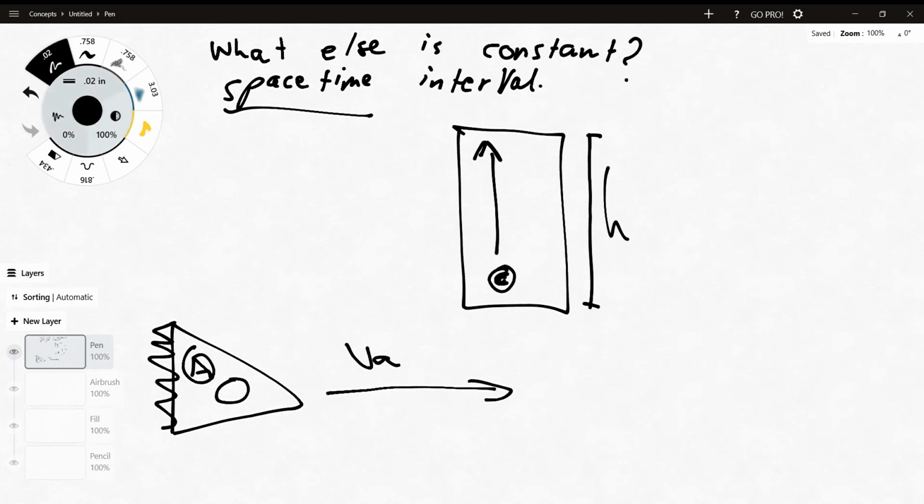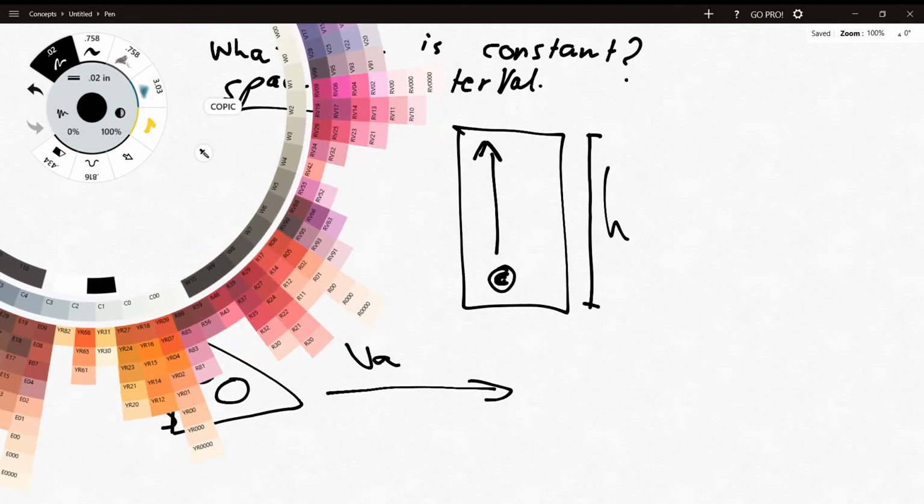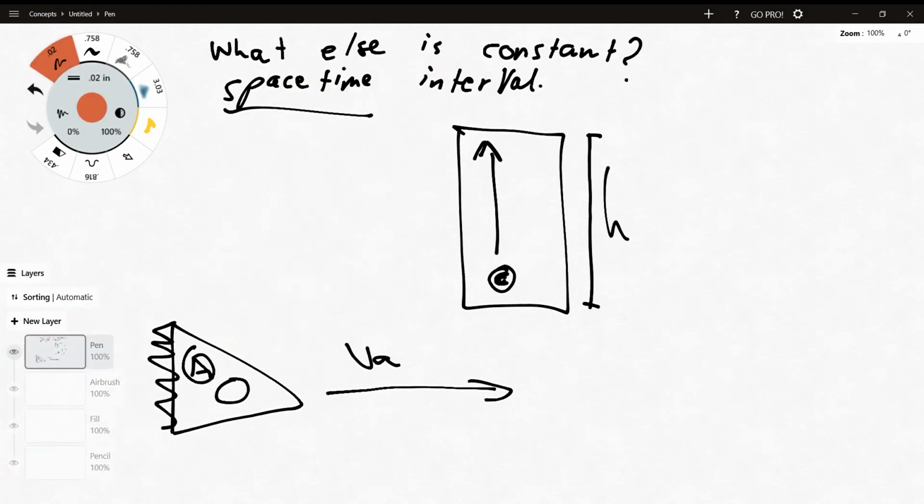You observe this photon as moving like so, where the triangle here is the time it takes for you to pass the photon, which is TA.